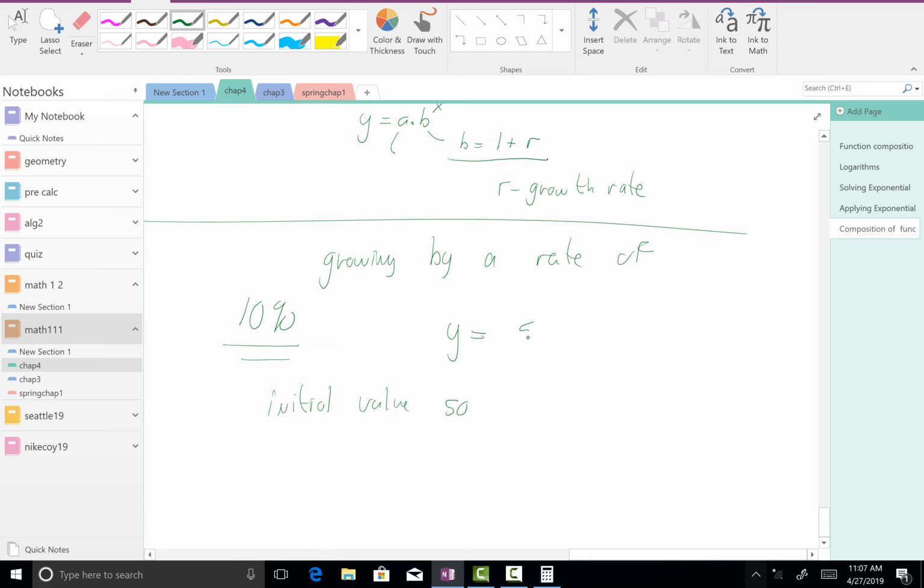They're saying rate, so that would have to be 1 plus 0.1 to the x, or y equals 50 times 1.1 to the x.